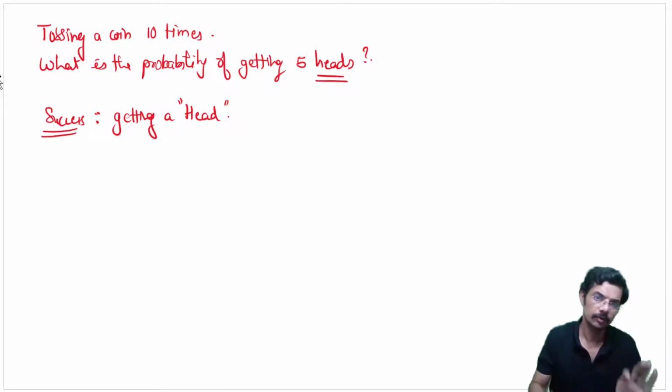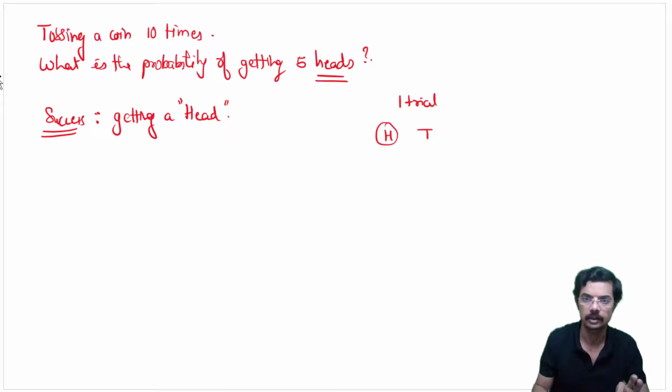Now, one trial will be like this. It will be either a head or a tail. What is the probability of getting a head here? That is 1 by 2. And what is the probability of getting a tail? That is 1 by 2.